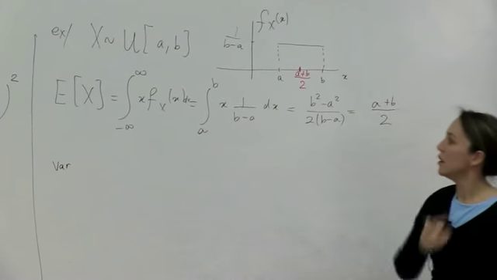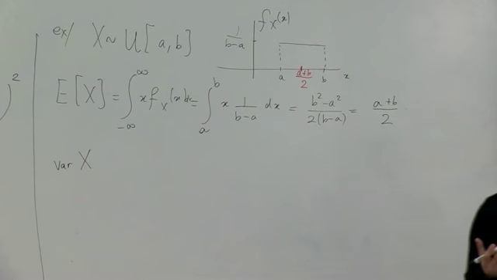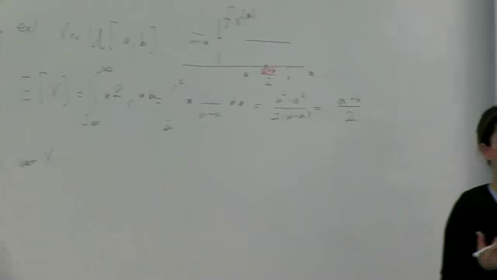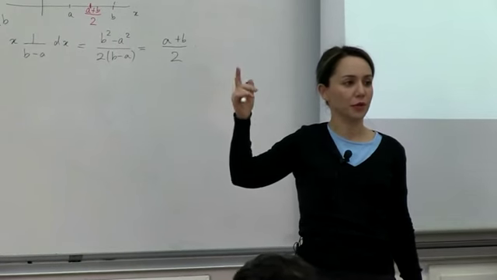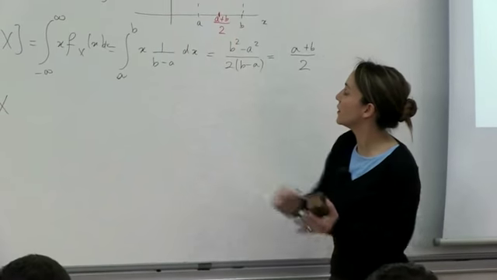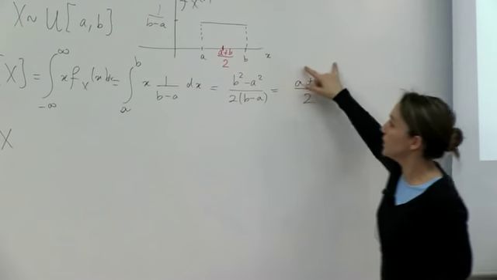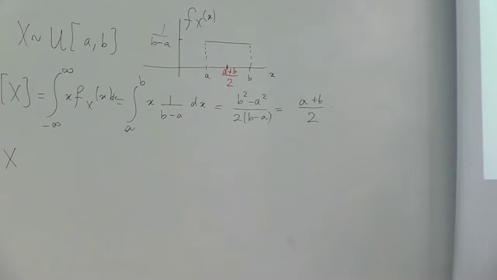Variance of x. So before we compute this, what do you expect the variance to be a function of? For example, if I add a number to a and b, so I shift this PDF to the right, or to the left, the variance should not change, right? So what do you think the variance should be a function of? On the other hand, also think, how many parameters does the uniform distribution have?